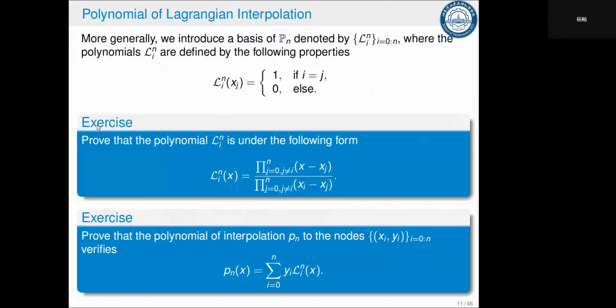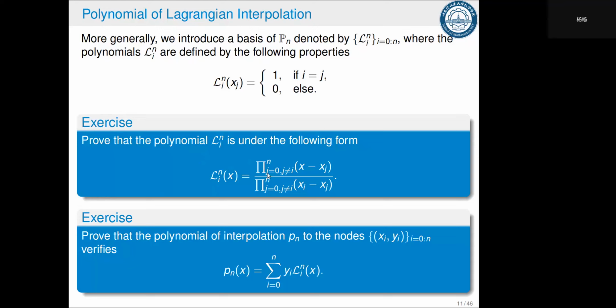So you see, in the first exercise, we give you the explicit formulation for such a basis, written here.